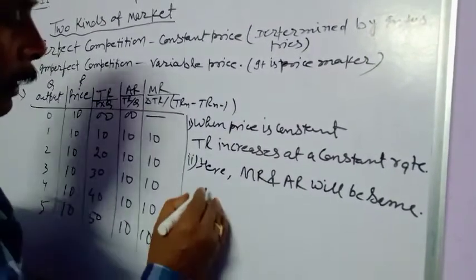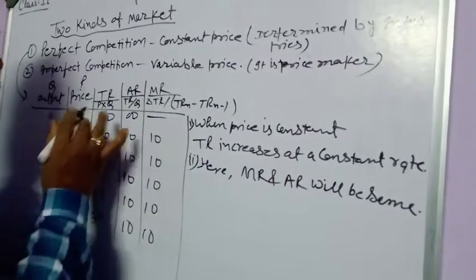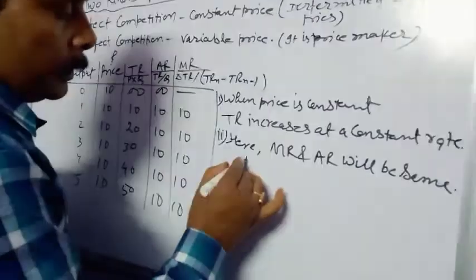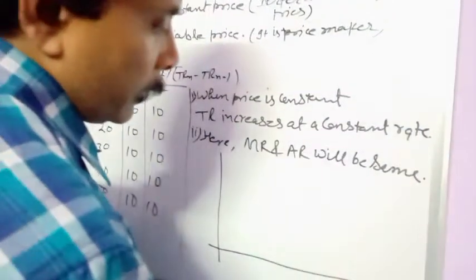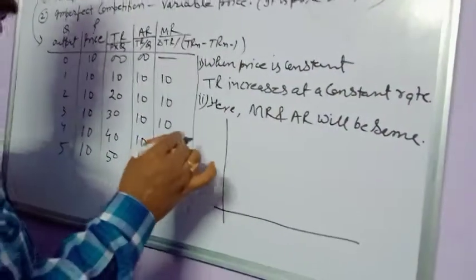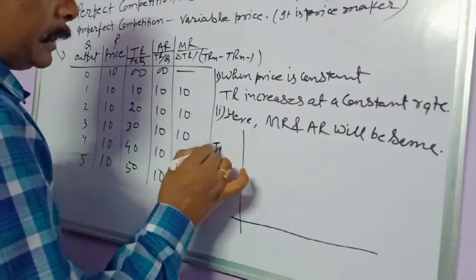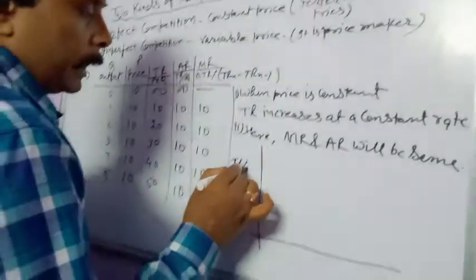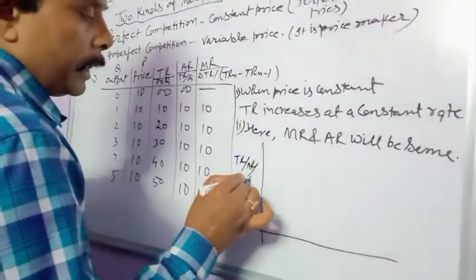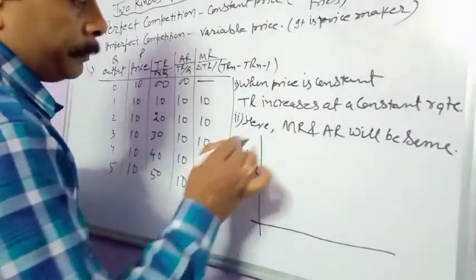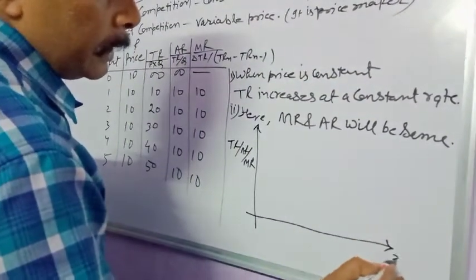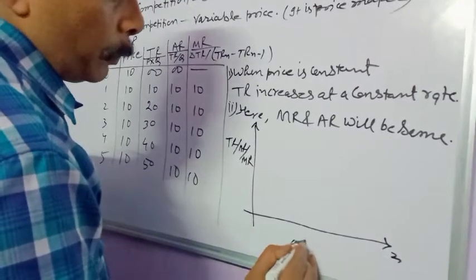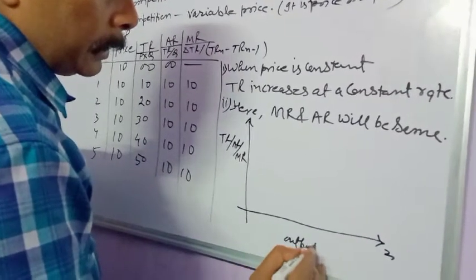So if you want to draw a diagram, how can you draw it? On the y-axis, TR, AR and MR are taken, and on the x-axis, the quantity or output is taken.